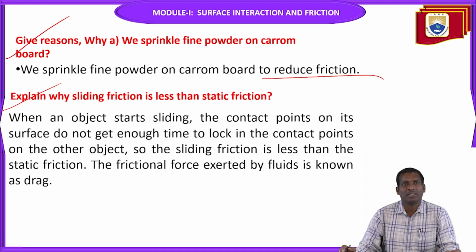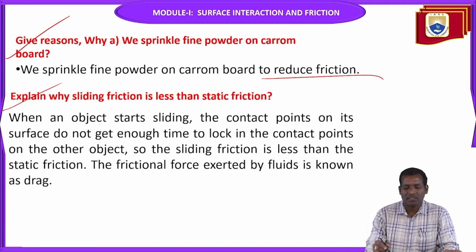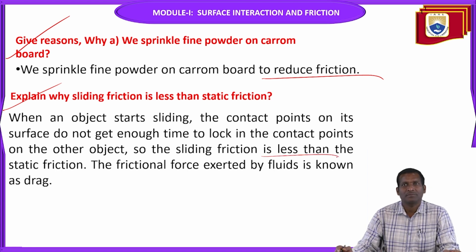Simply explain: when an object starts sliding, the contact points on its surface do not get enough time to lock in with the contact points on the other object, so the sliding friction is less than the static friction.